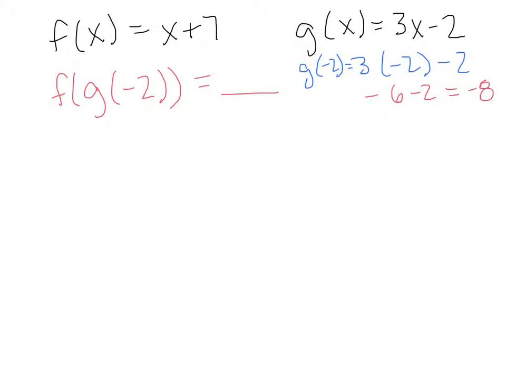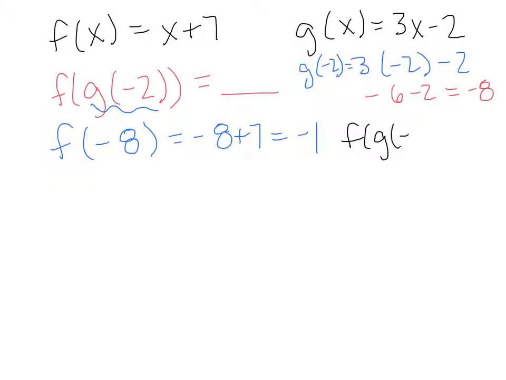So now we are at the point where we know that g of -2 is -8. So we are actually finding f of -8. Again, replace your x's. You get -8 plus 7, which equals -1. So what we know at this point is that f of g of -2, f composed of g of -2, is equal to -1.